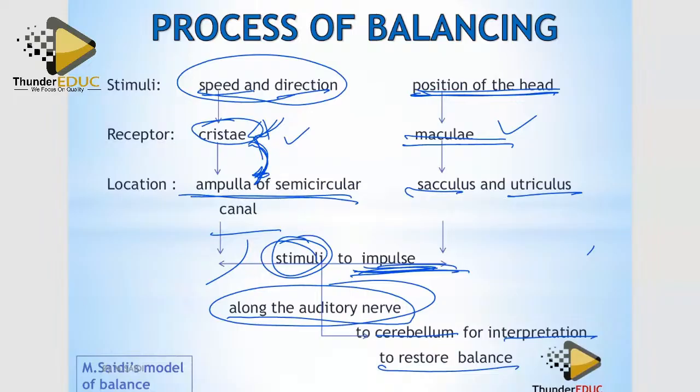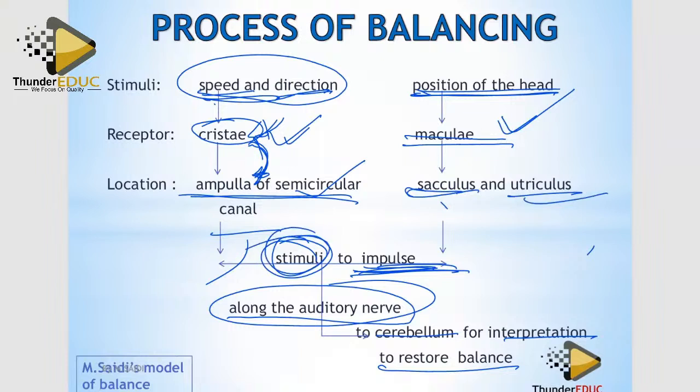So your job is to know these words. Change in the speed and direction of the head will stimulate the crista found in the ampulla of the semicircular canal. Change in the position of the head will stimulate the maculae found in the sacculus and utriculus.